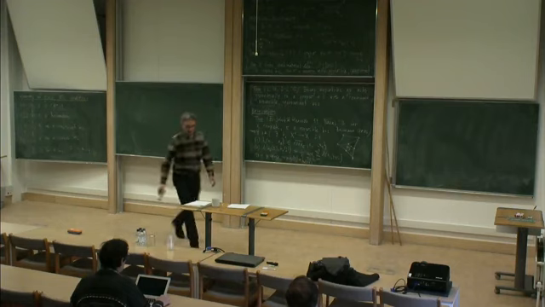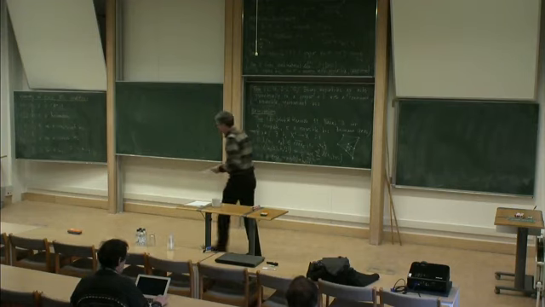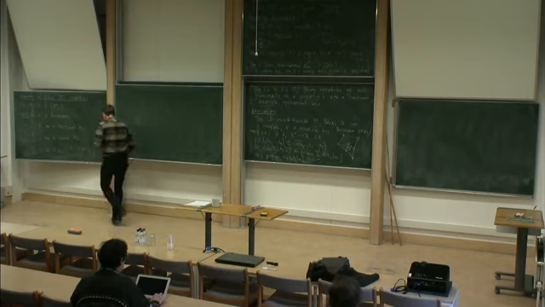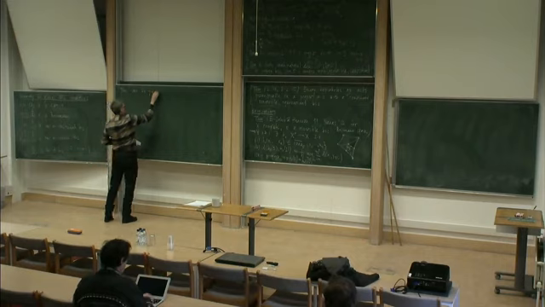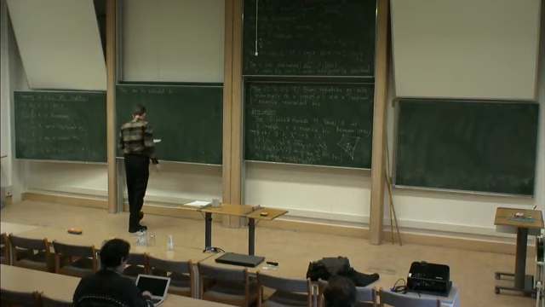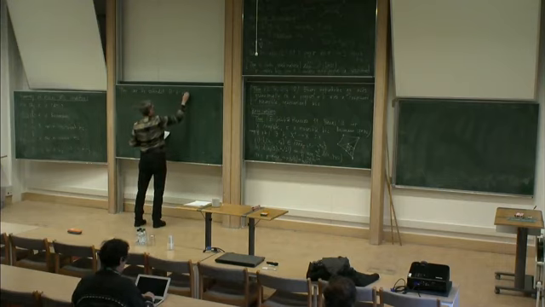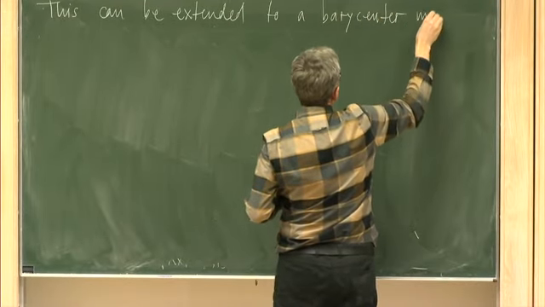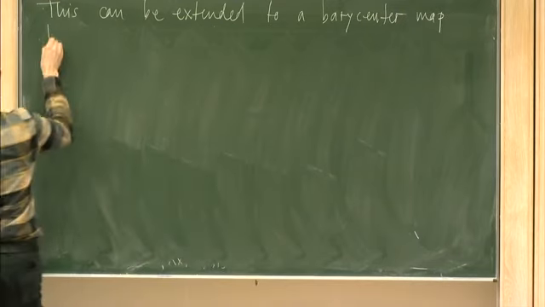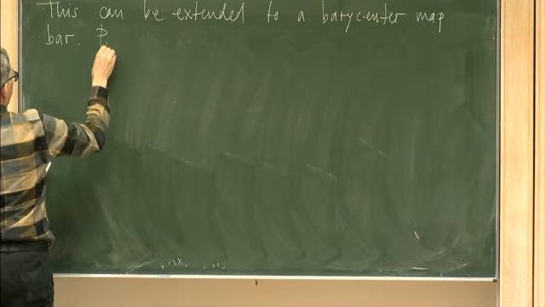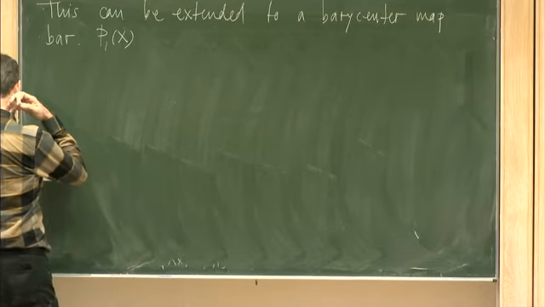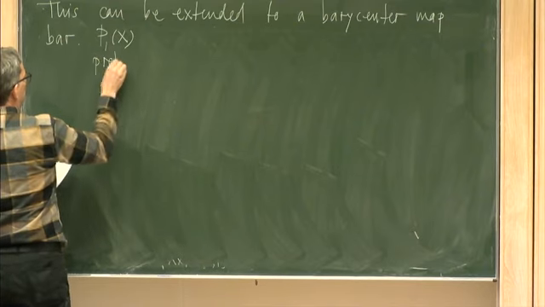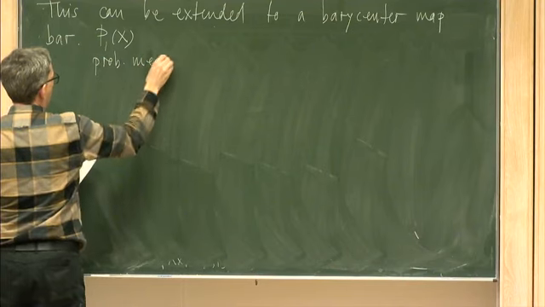So this construction can be extended to a barycenter map on probability measures, on P1 of X. So these are probability measures with some integrability condition, finite first moment.